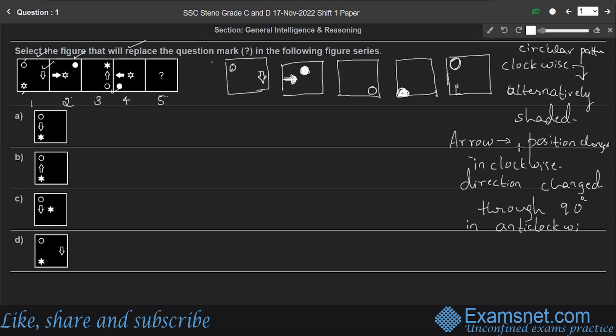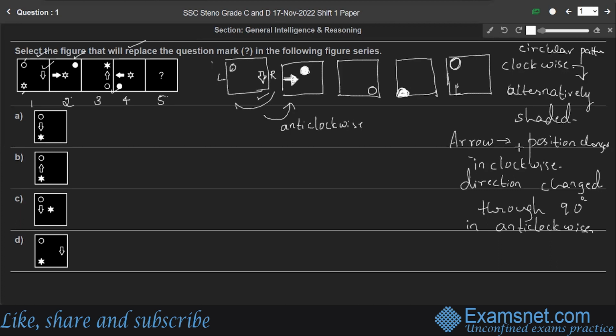In anti-clockwise manner, right? So look at the first figure, in which the arrow is facing downwards. In the second figure, the arrow is facing rightwards. So from downwards to rightwards means anti-clockwise. Sorry, rightwards, not leftwards. Therefore, the direction of the arrow mark is changed in anti-clockwise manner, whereas its position is changed in clockwise manner, from the right position to the left position.